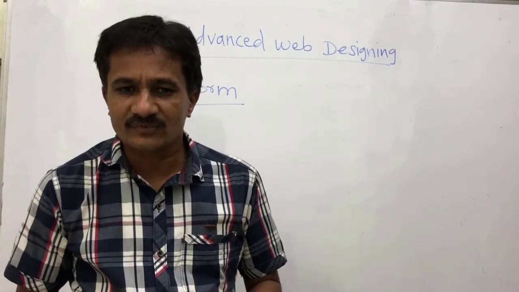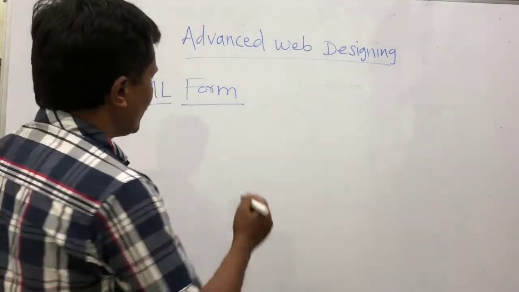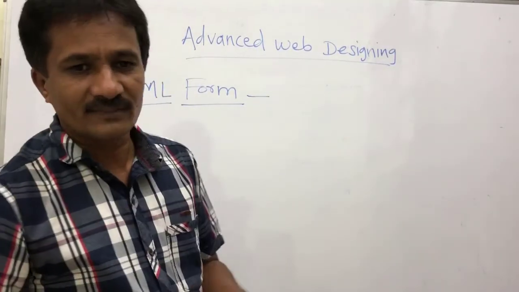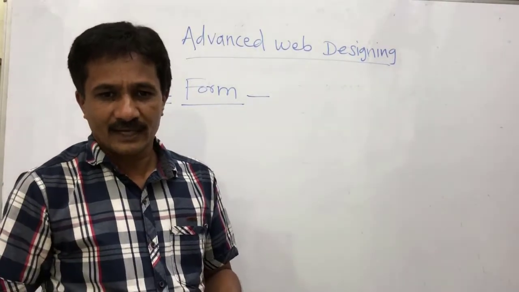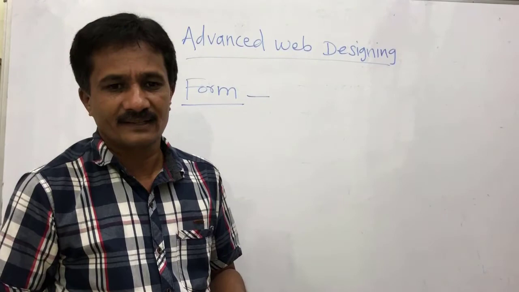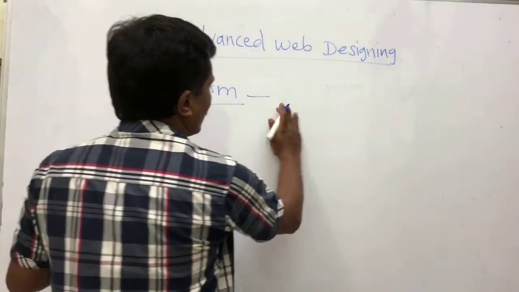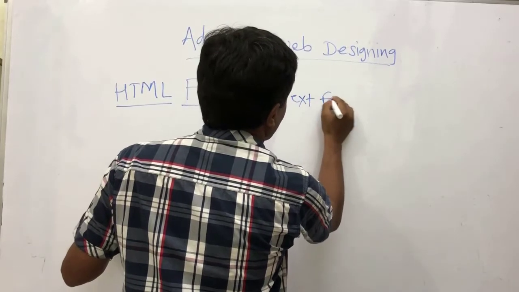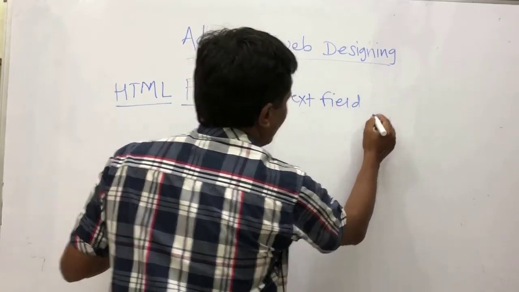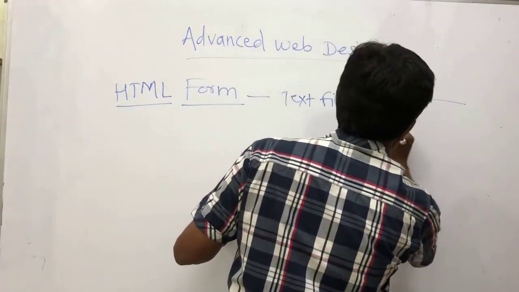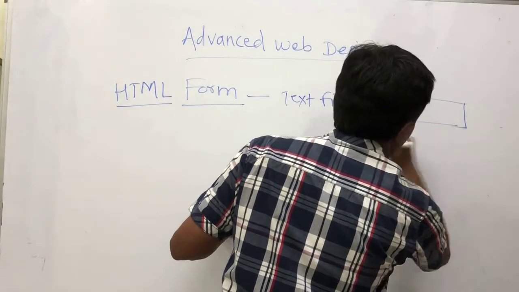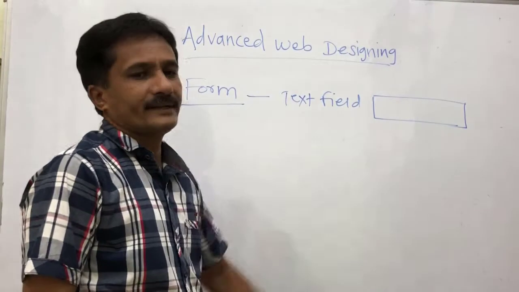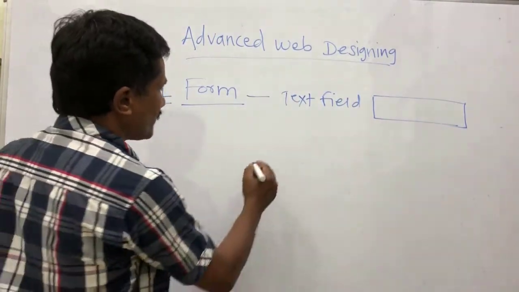There are various form elements. Form elements means form objects. There are various form elements like text fields, or input text box, also called text box. Next is checkbox.